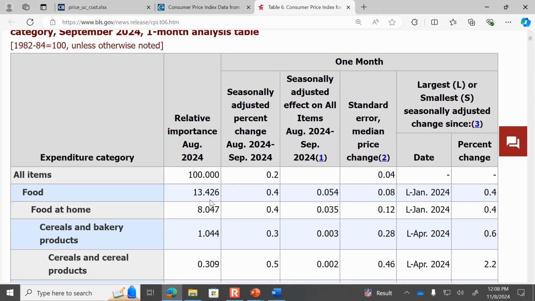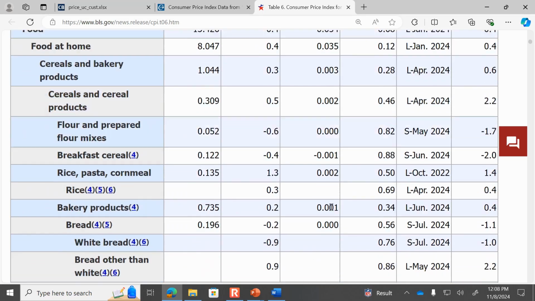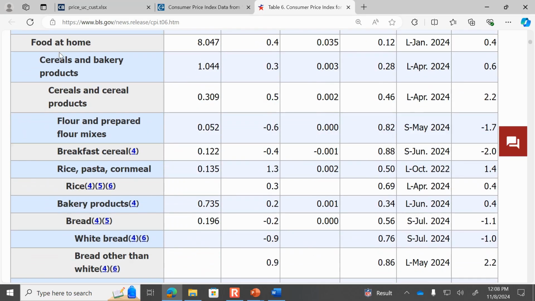And then they look at the change in prices year by year, within a month. So they're looking at a lot of detail. And if you look at how many different subcategories there are here, so food at home, one of the subcategories is cereal and bakery products. Subcategory there, flour, breakfast cereal, rice and pasta. Even within bread, they break it down into white bread and bread other than white.